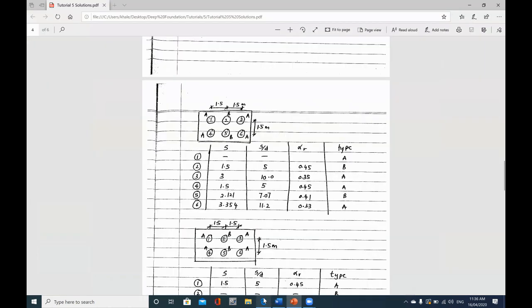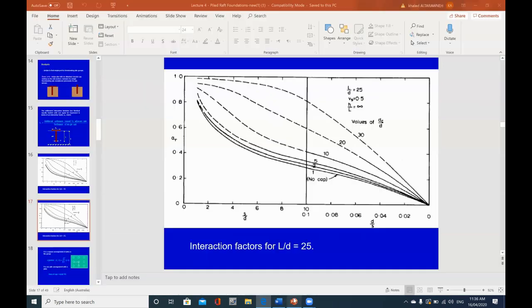So according to the value of s over d on this column, we can calculate what's the corresponding value of alpha r. So we calculate the value of alpha r from the y-axis. So we just need to draw a vertical line from the corresponding s over d ratio until we cross the corresponding value of dc over d, which is in our case 5.4.